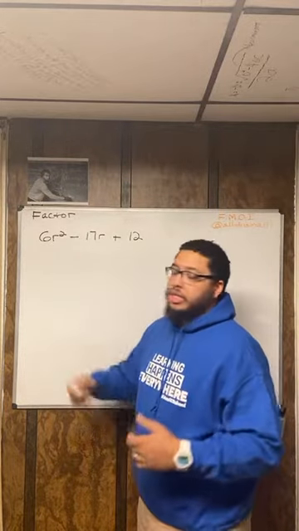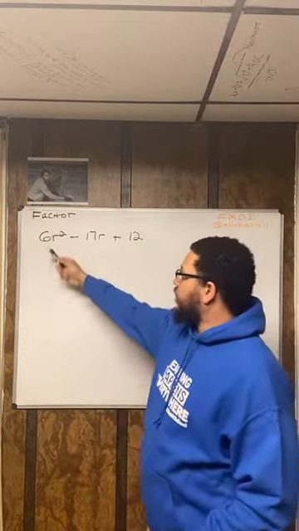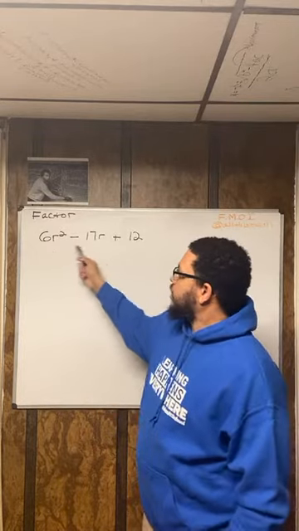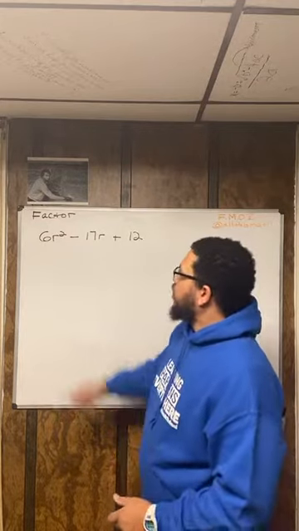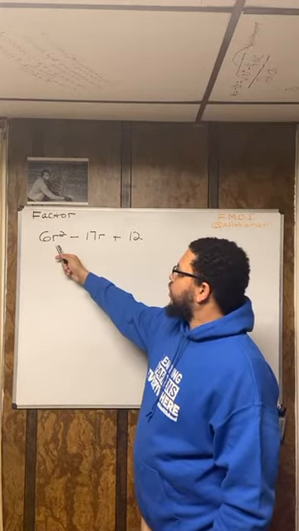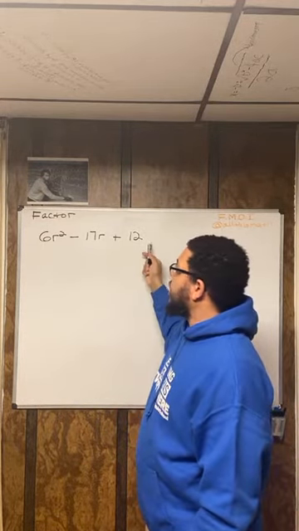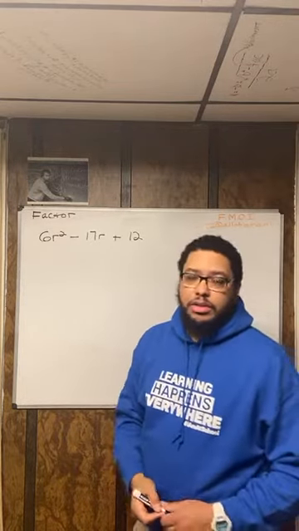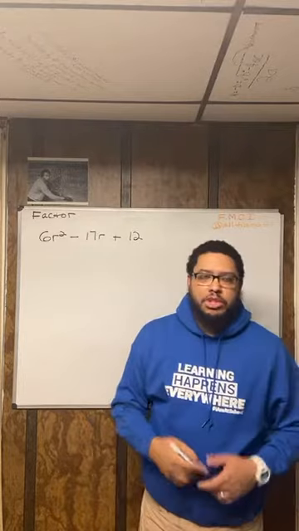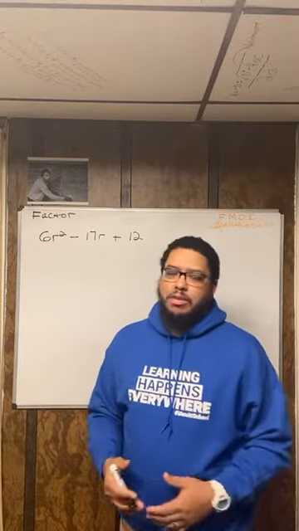So there is no greatest common factor of these coefficients, 6, negative 17, and 12. Also, when you check the variables, there's no greatest common factor either. We have an r, and this term does not have an r. So we skip the greatest common factor method of factoring.